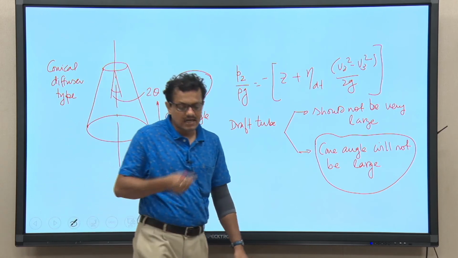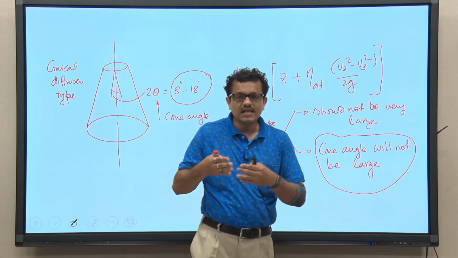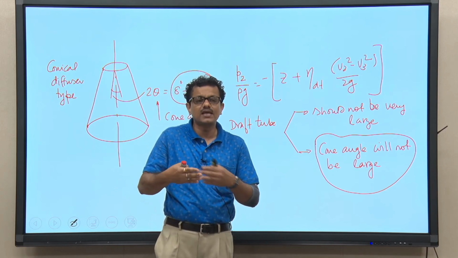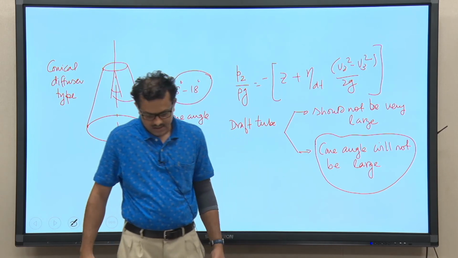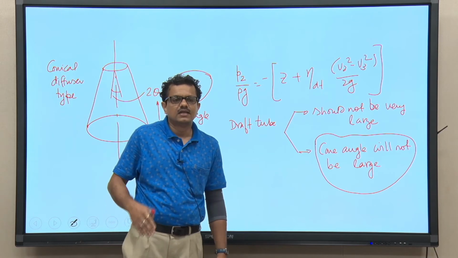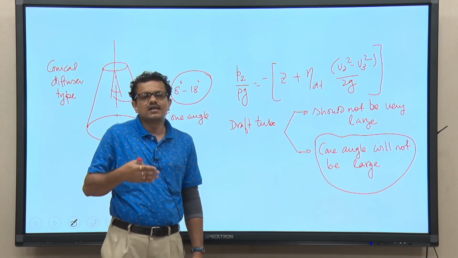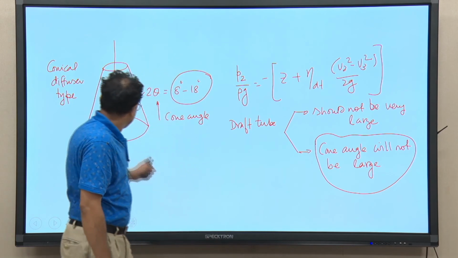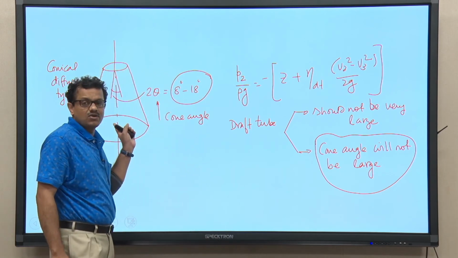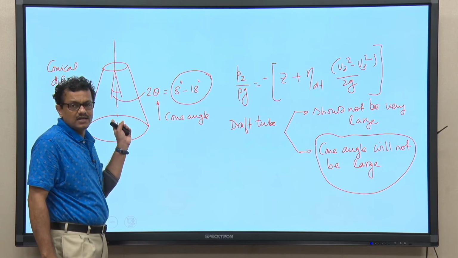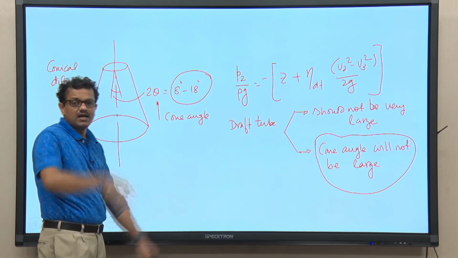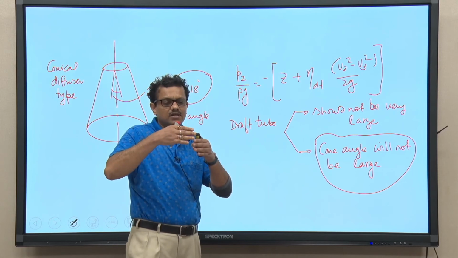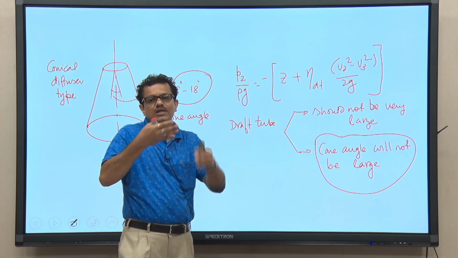Sometimes the length of the draft tube needs to be high, and the velocity at the end of the draft tube is not a criterion. In that case, if the length is very high, we can use an elbow type draft tube.